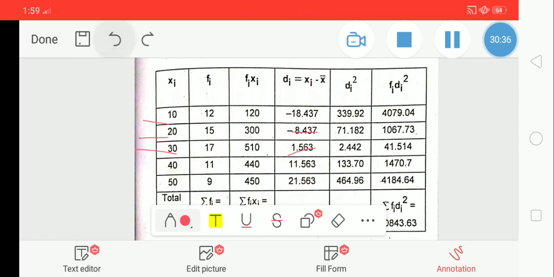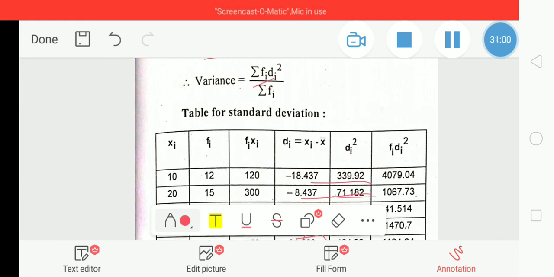So minus 18.437 squared gives 339.92. Here also the same, take the square, so 464.97.